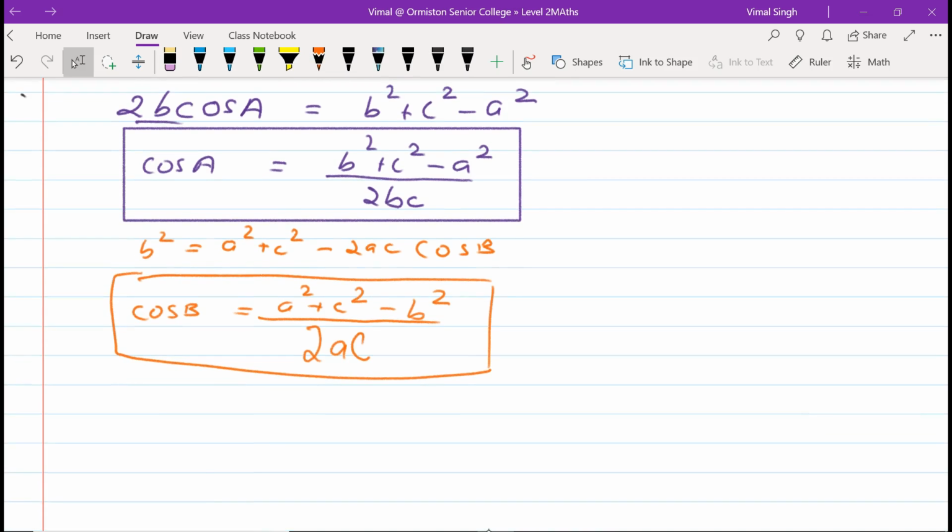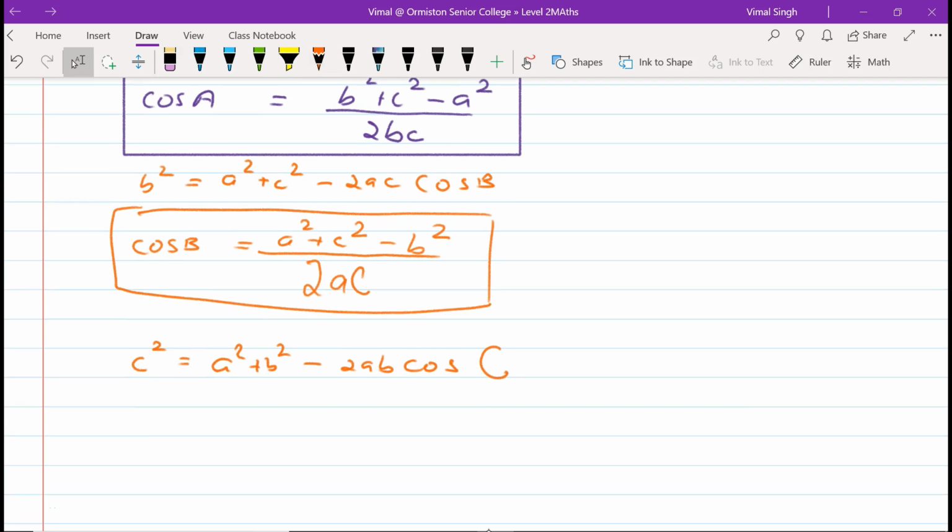And if your formula is c squared is equal to a squared plus b squared minus 2ab cos of angle C, then you're going to write cos of C is equal to a squared plus b squared minus c squared divided by 2ab.